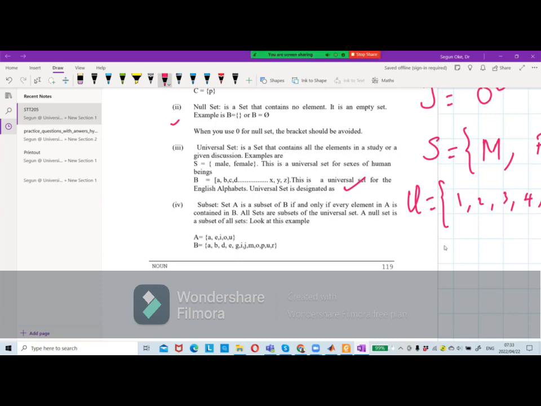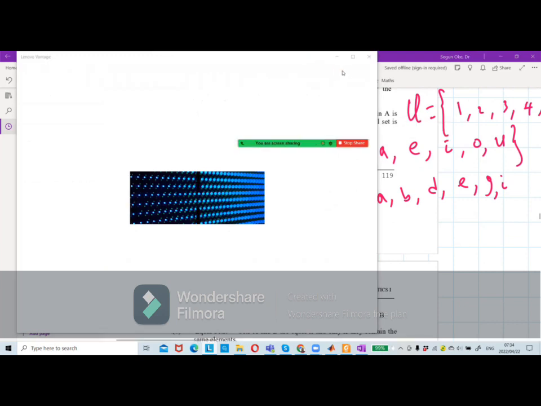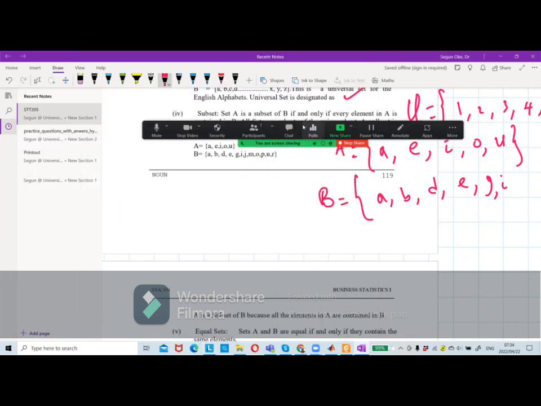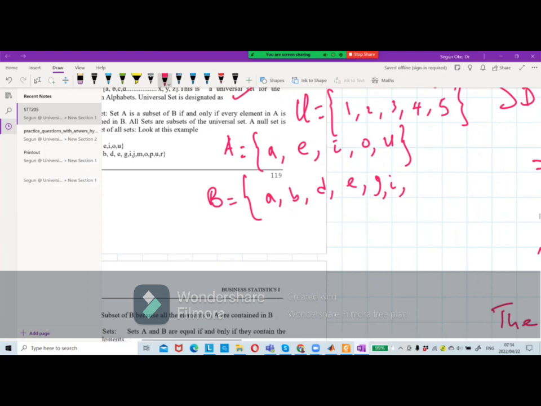I gave you this. Okay, let's look at this. We have A to be A, E, I, O, U. Now I have B equal to A, B, D, E, G, I, J, M, O, P, U, R. So I have this.